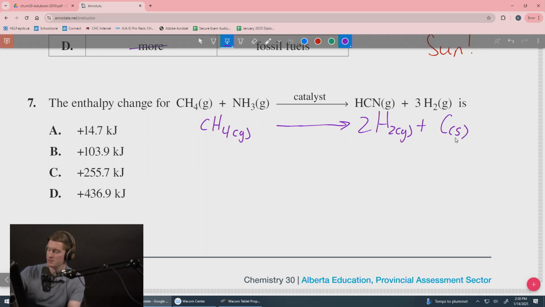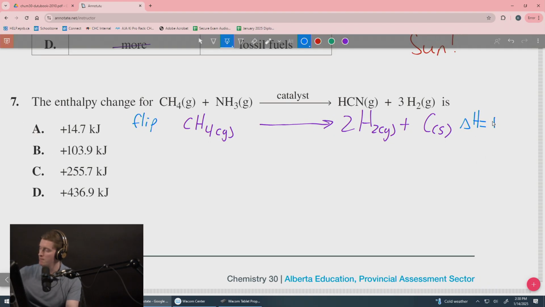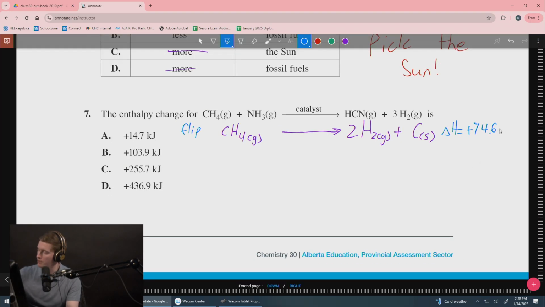I flipped this one, so I'm going to say in blue that I flipped, which means my new delta H flips the sign. I don't change the magnitude of delta H, but I do change the sign. So this is now positive 74.6 kilojoules because I flipped the reaction. The methane was on the product side. I want it on the reactant side to match this one here.